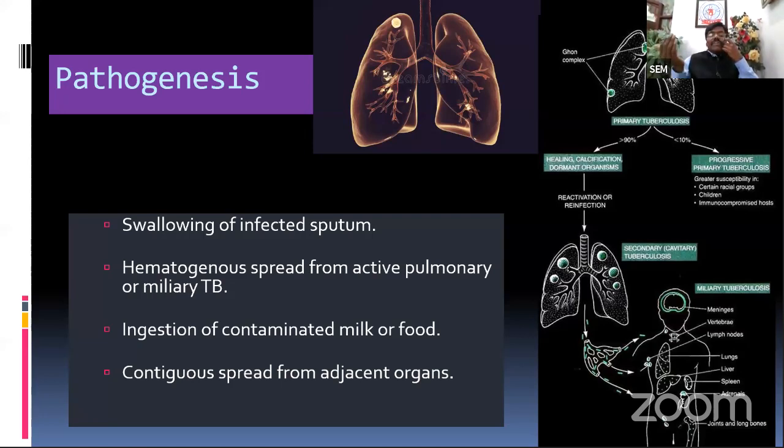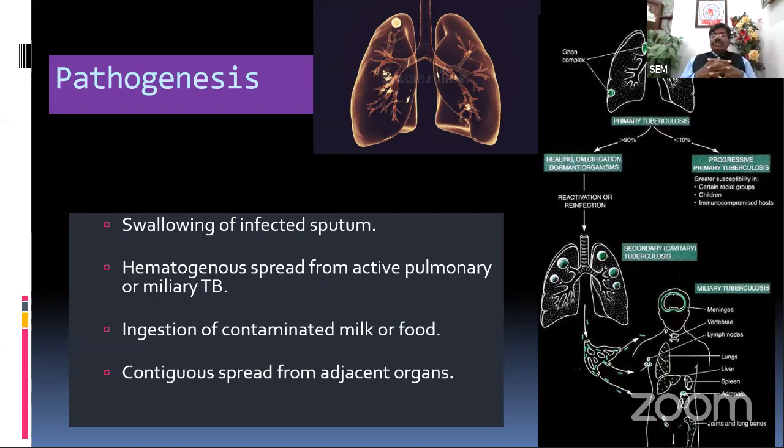The old theory of ingestion of contaminated milk or food is no longer accepted. More common reasons are hematogenous spread, especially from active pulmonary or other miliary tuberculosis spots.